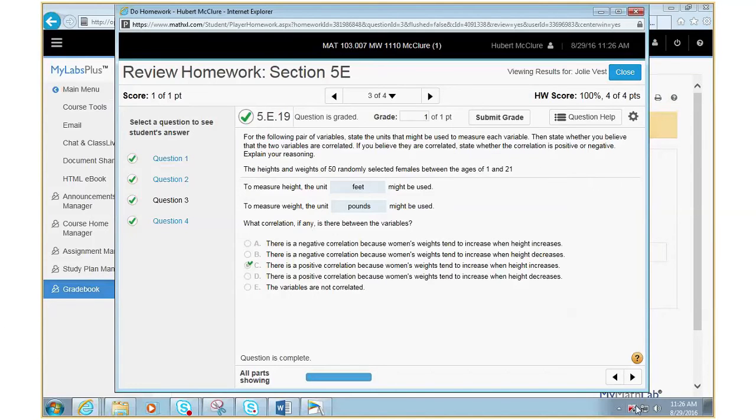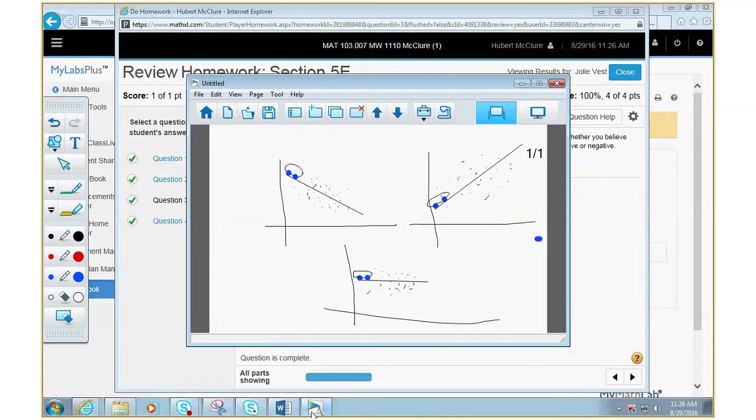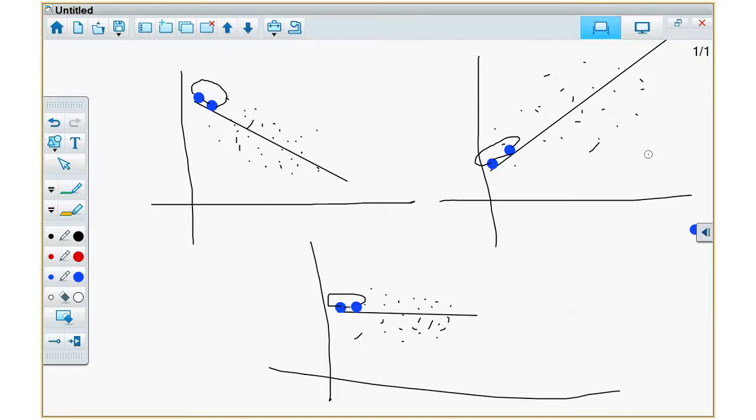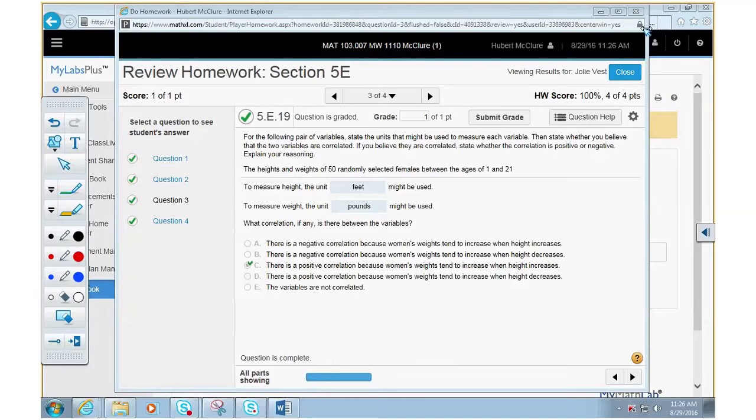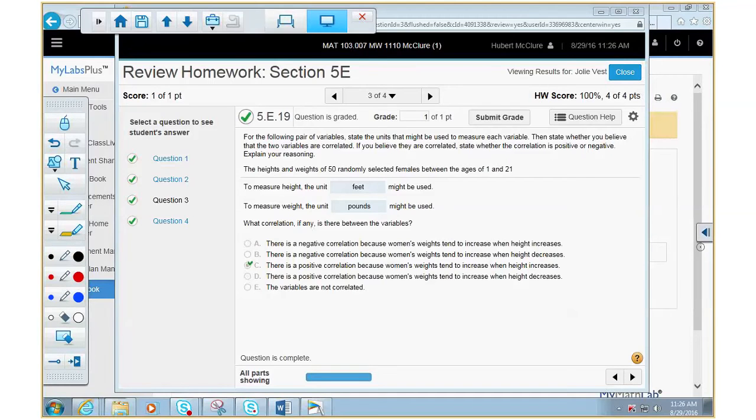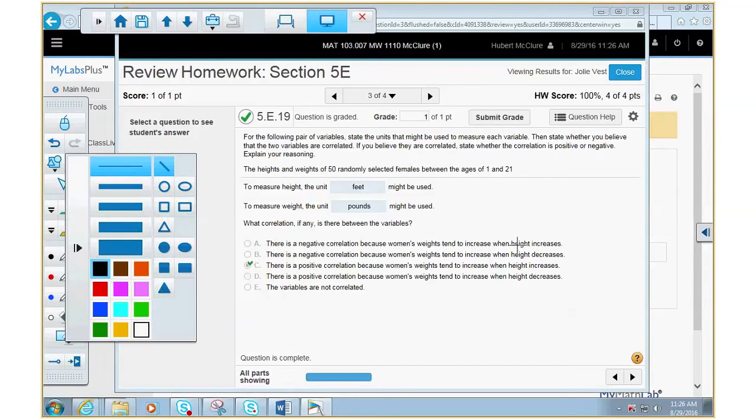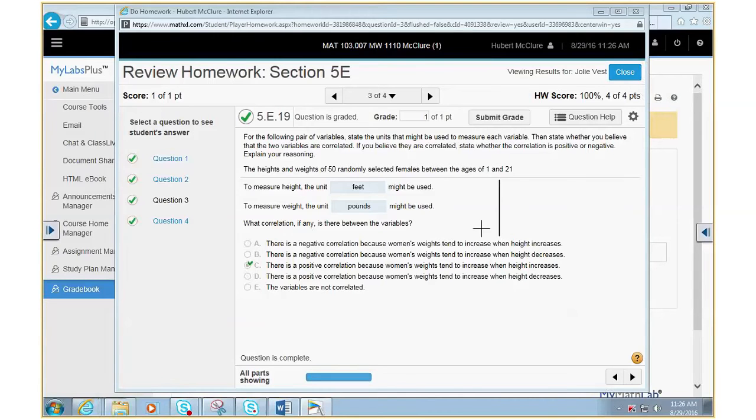So that means we'll take your handy dandy virtual whiteboard and make it a transparent board. And you're going to draw a straight line.